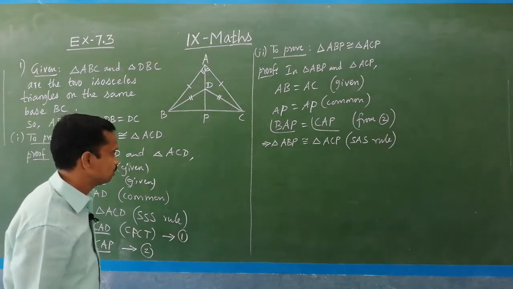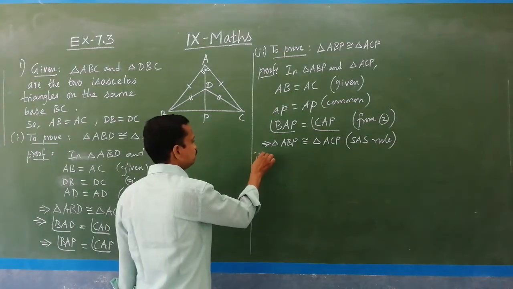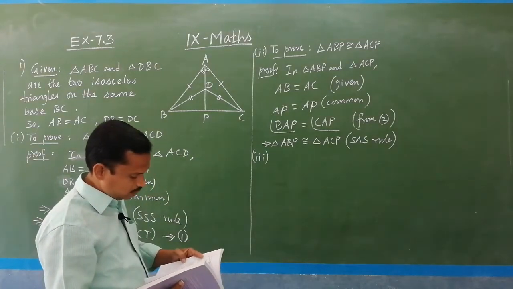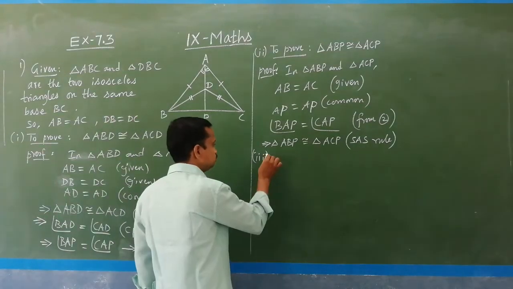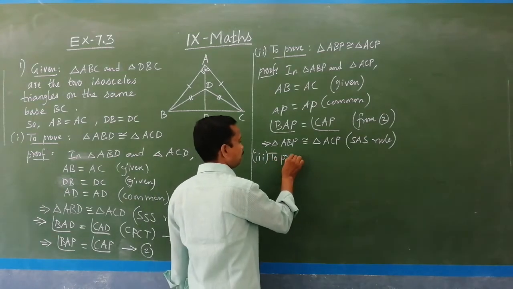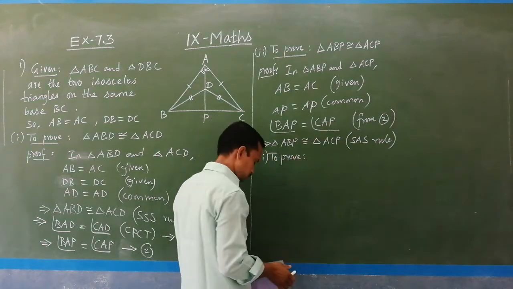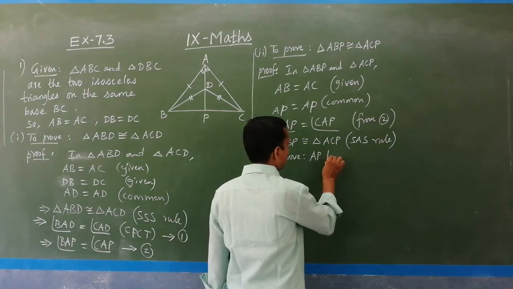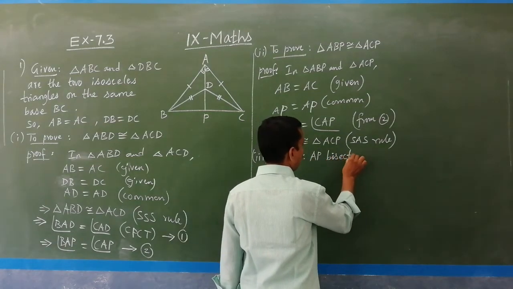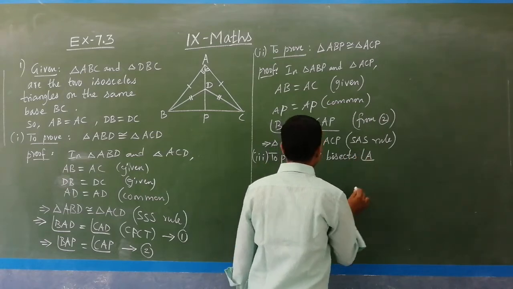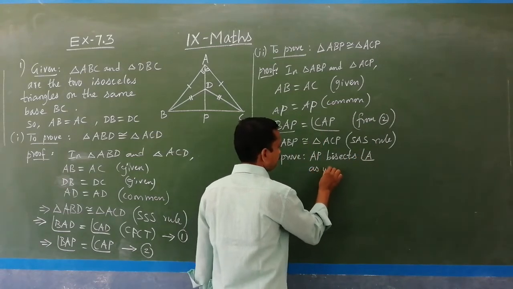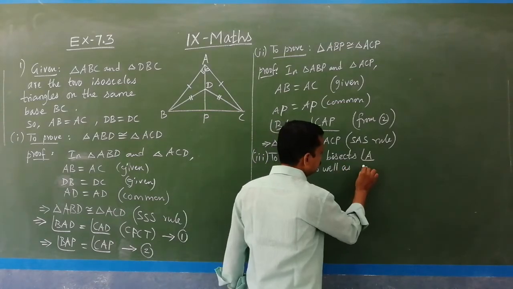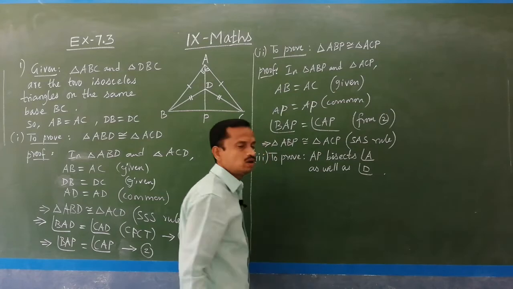And now coming to the next option 3, you see what is there? AP bisects angle A as well as angle D. This is what we have to prove.